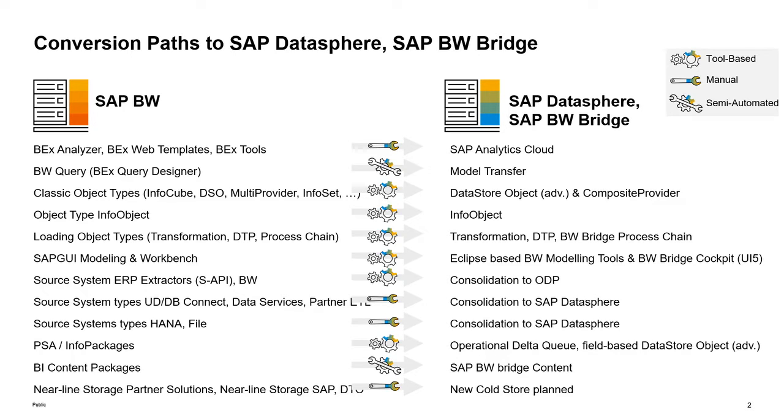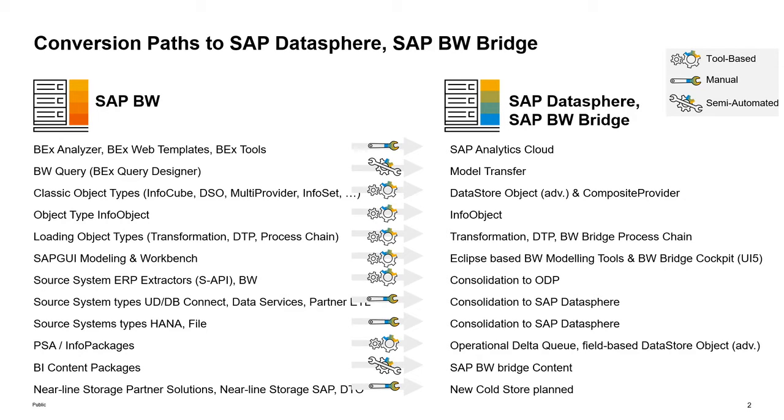As I talked about before, we bring our data, we bring our objects into BW Bridge, but our query level is going to be residing now in the core Datasphere layer. So that's why you see semi-automated. We may be able to use the tooling that is available to us for the query conversion, but there are some restrictions and features that need to be there for this model transfer to be leveraged.